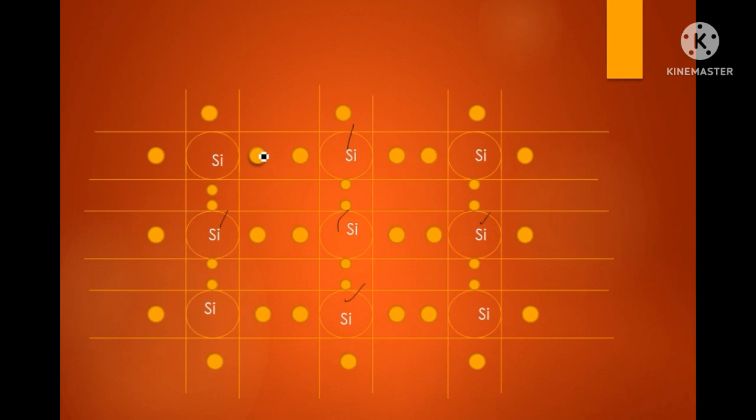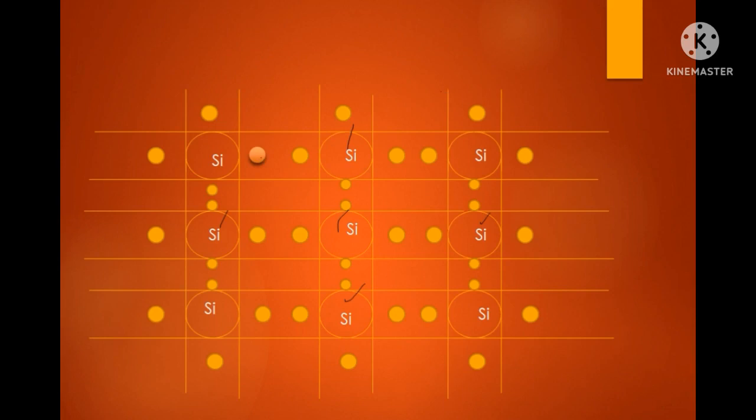Suppose we apply some amount of energy, then one of the electrons from this crystal will move away to the conduction band. Suppose we increase the temperature, then this electron will move away.